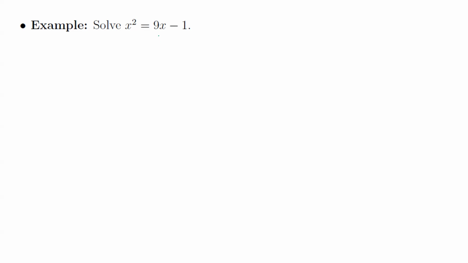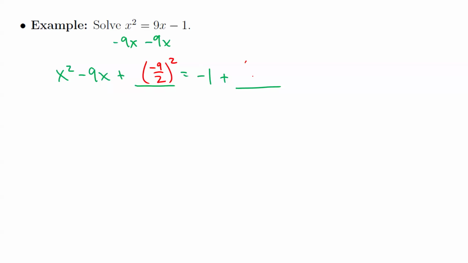All right, so here's one where we actually need to move an x back over here to the left side in order to get it in the form we want. So we'll add something to both sides here. And that something is going to be half of that middle coefficient squared.